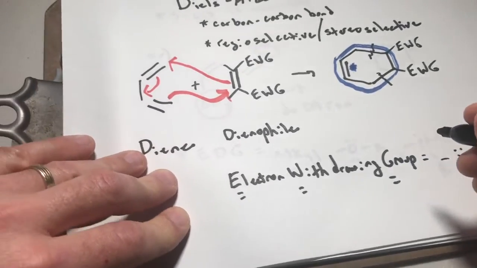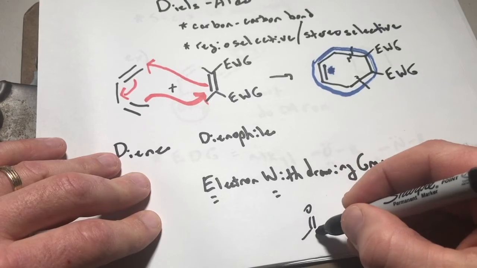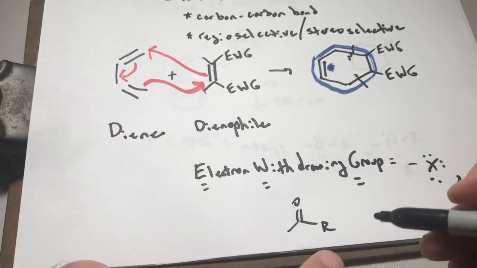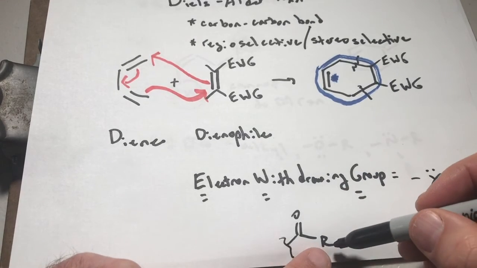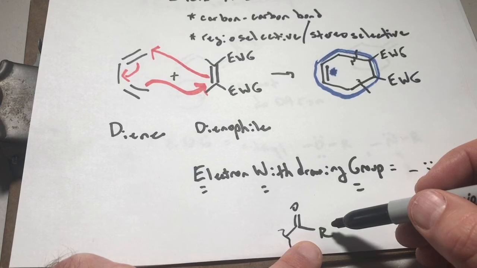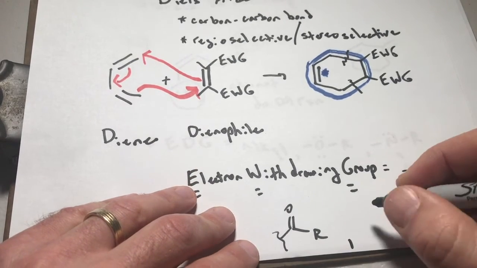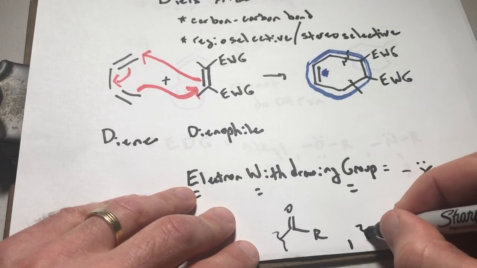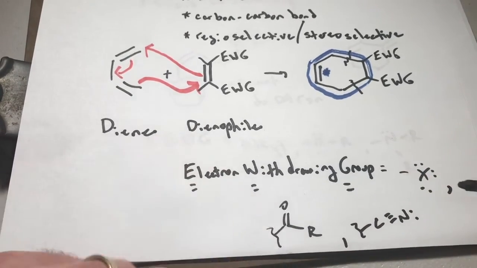It's also really common for electron withdrawing groups to be carbonyl based, say a carboxylic acid, where R is an OH, or an ester, things like that. Another really common way of getting an electron withdrawing group in there is something like a nitrile.